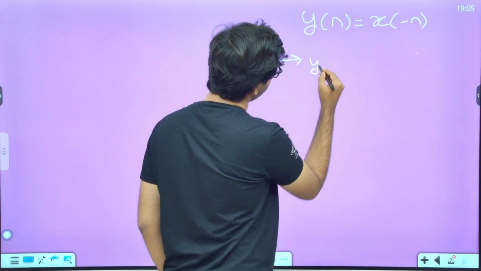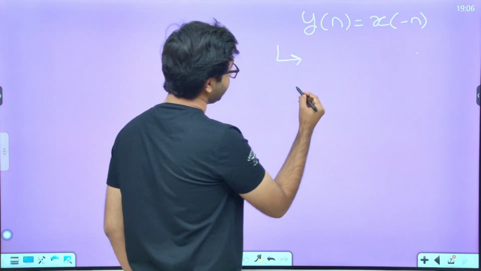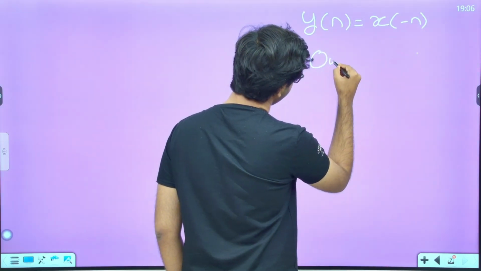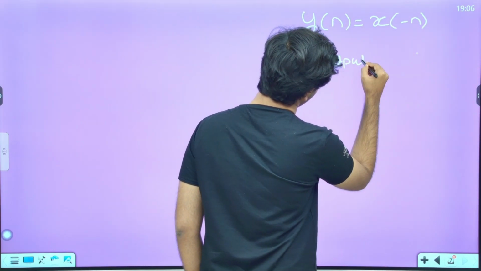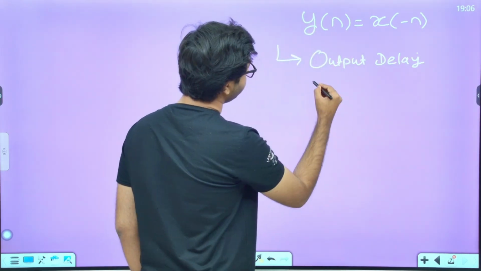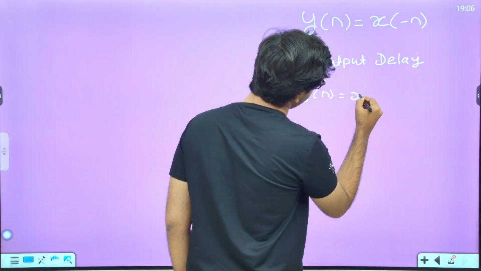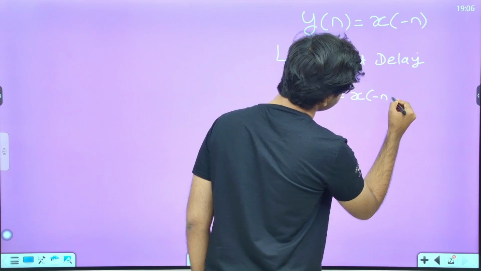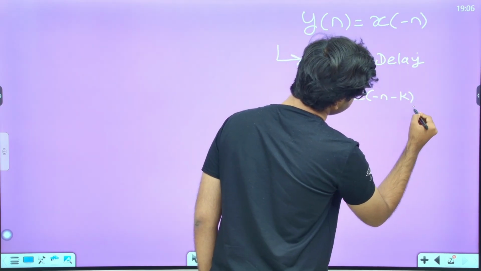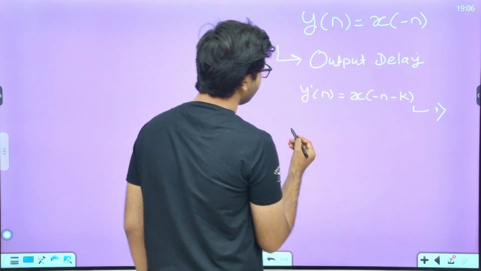First, you also remember, is the output delay. For the output delay, our y dash of n will become x of minus n minus k. This is equation 1. This is the output delay.